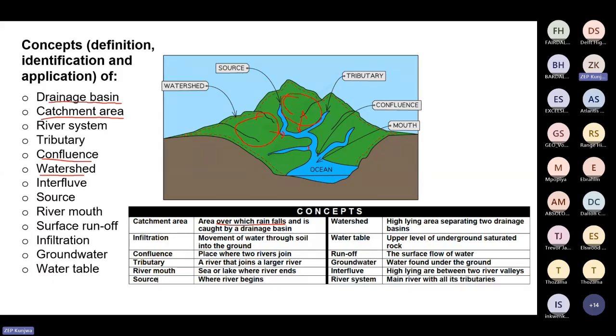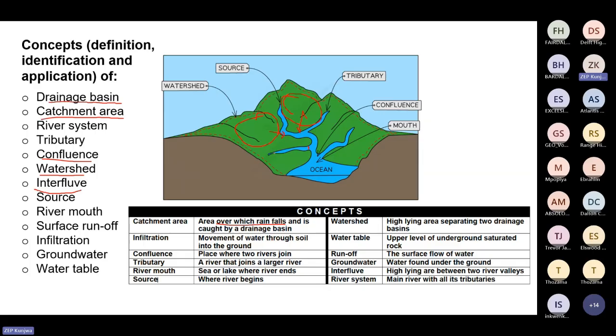And then the interflow. Now the interflow is this area here. See this area here. This area is separating this river and this small river. It's a high-lying area, like a small hill, if you want to call it that, but it's a high-lying area.